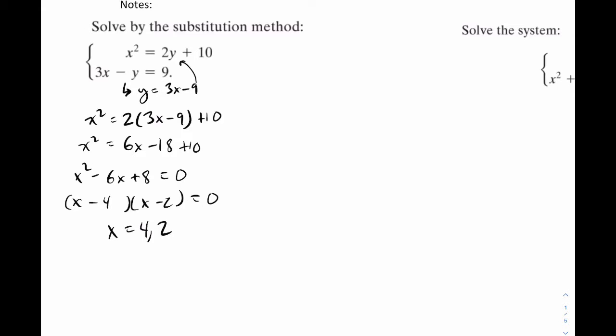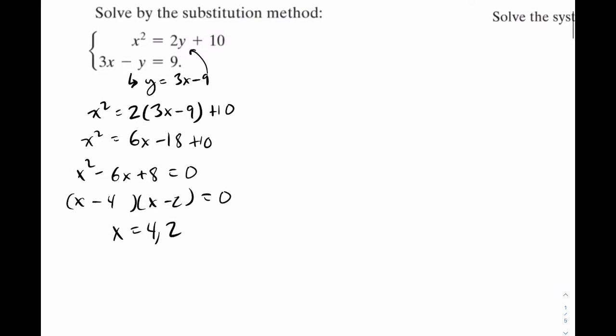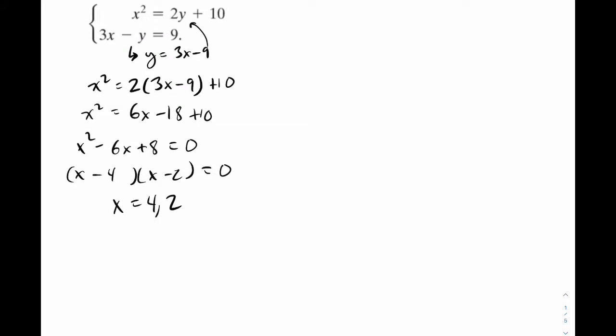So at this point, you've got to be a little careful because that means we have 2 points that are the solution. So we're going to use this equation again because that's how we're going to figure out the y values. So we know that y equals 3x minus 9, except we're going to put a line here to keep our work organized like this.